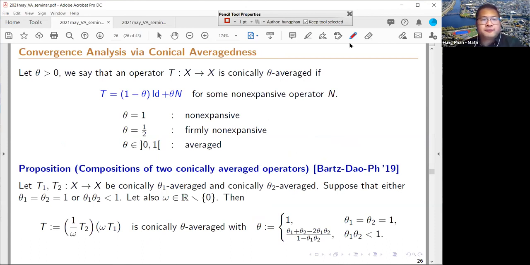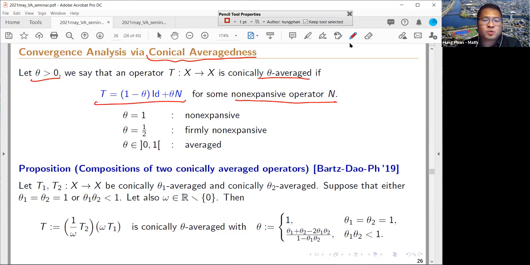Okay, so in the follow-up work, which Sadie and Ming and I worked on, we provide a different perspective for the convergence analysis of the adaptive Douglas-Rachford algorithm using the conical averagedness concept. Let theta be greater than 0. We say that T is conically theta averaged if T is an affine combination between some non-expansive operator and the identity.